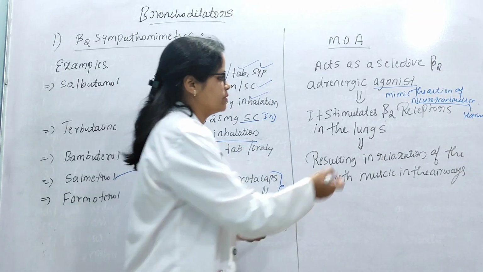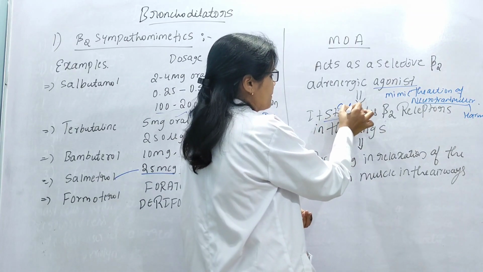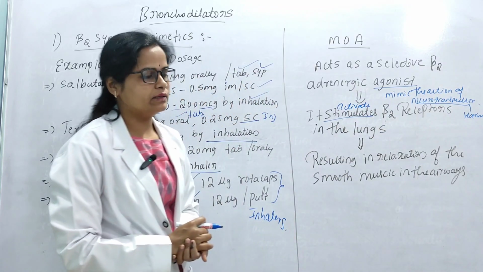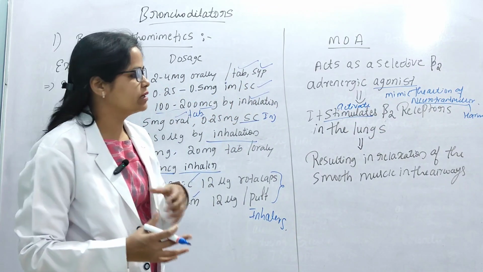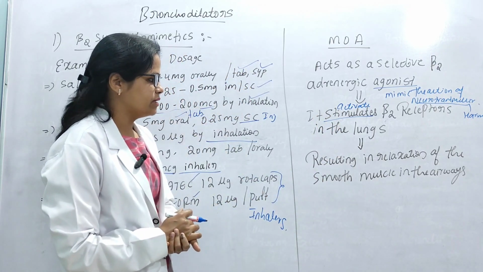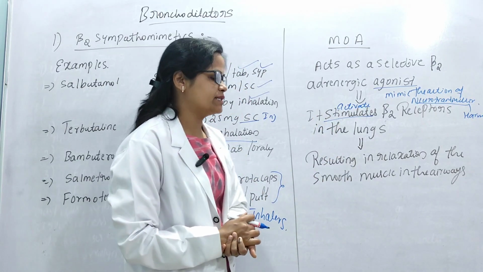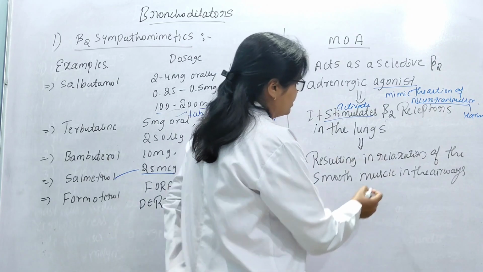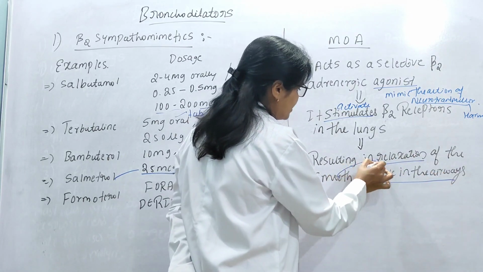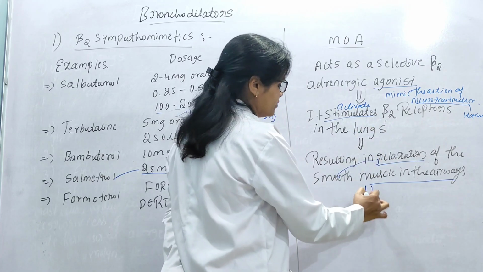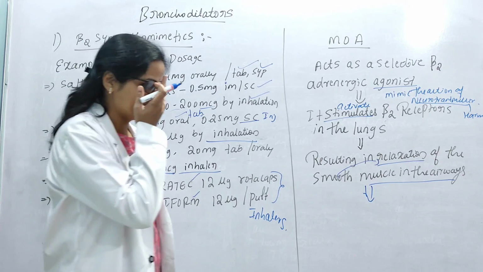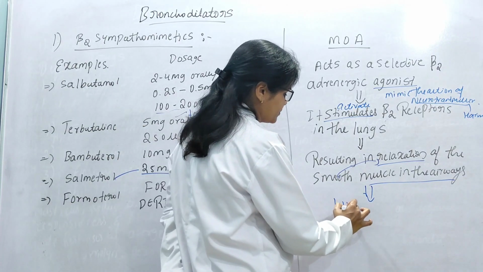Stimulate is nothing but activate. It activates beta 2 receptors in the lungs, resulting in relaxation of the smooth muscles in the airway. When these drugs act on the smooth muscles, the airway relaxes by widening.